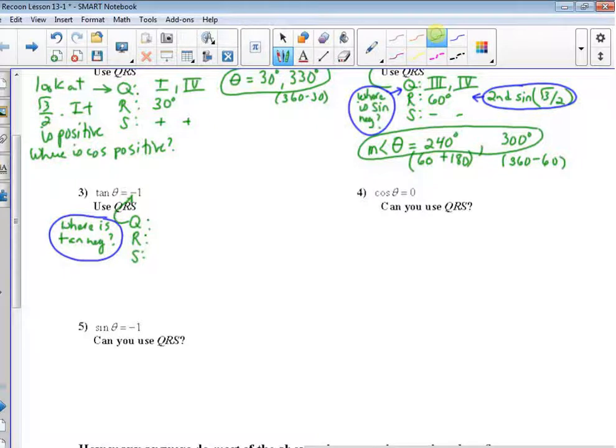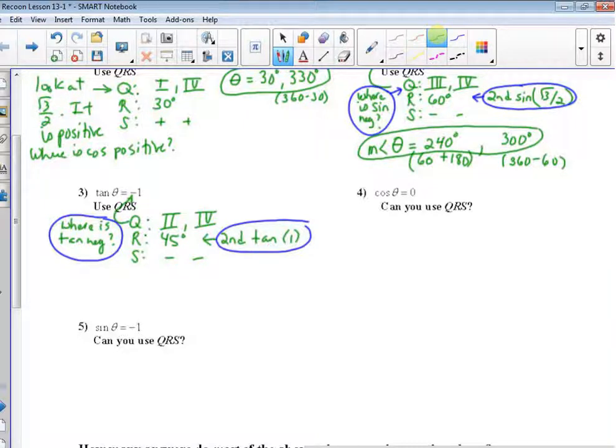Tan is negative in quadrants 2 and 4. Now the reference angle I know is 45, but you can also do second tan of 1. And that will give you 45. And again, this is just emphasizing that I've got the quadrants where tan is negative for the sine.